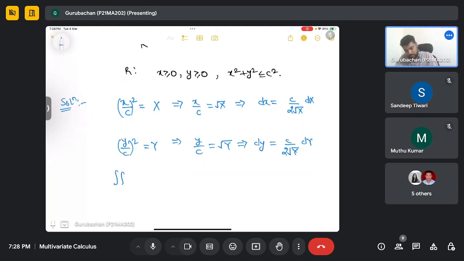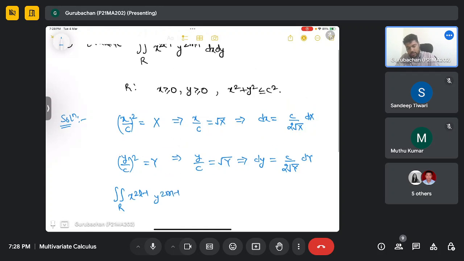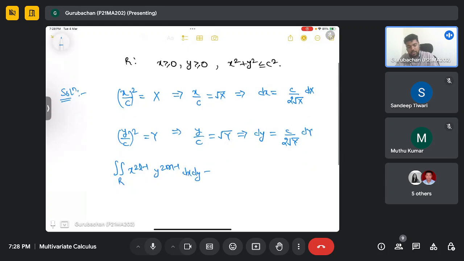So this double integral over region R, x to the power 2l minus 1, y to the power 2m minus 1 dx dy will become a new region R dash, where this will be c times under root X to the power 2l minus 1, c times under root Y to the power 2m minus 1 into dX dY divided by 4 times under root of XY into this c square.